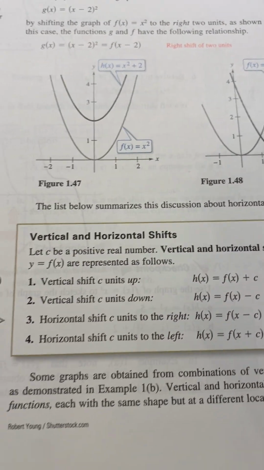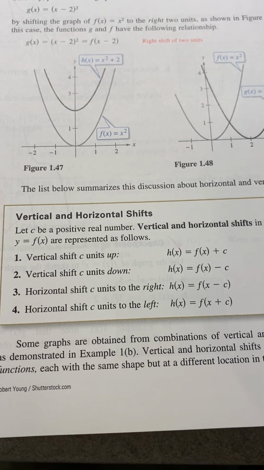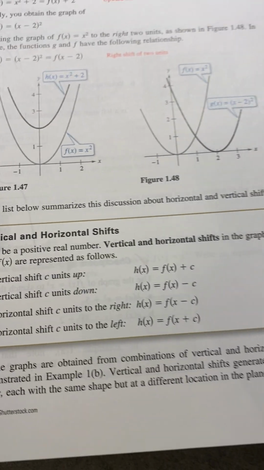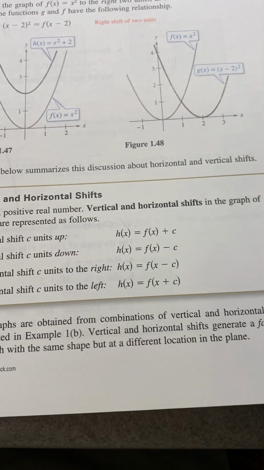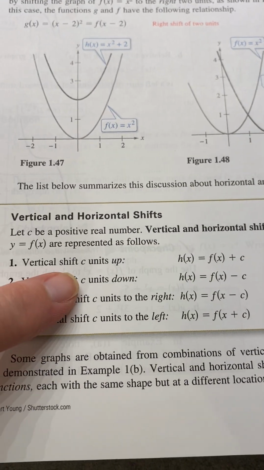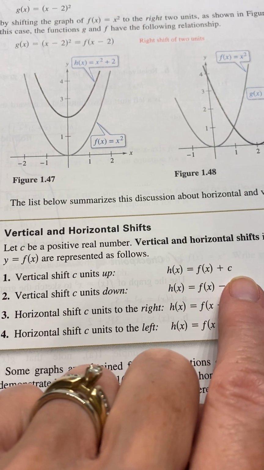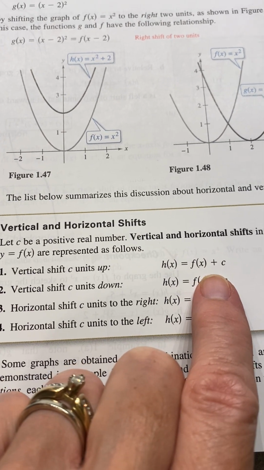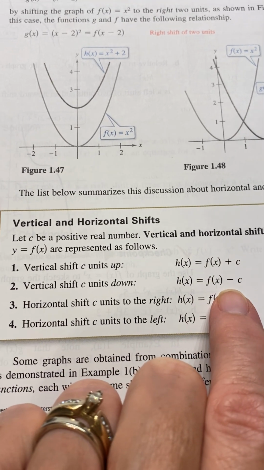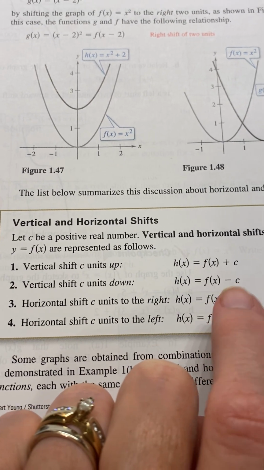Okay, so in this summary box is a breakdown. A vertical shift of C units up would be adding a number to the function. C units down, subtract.